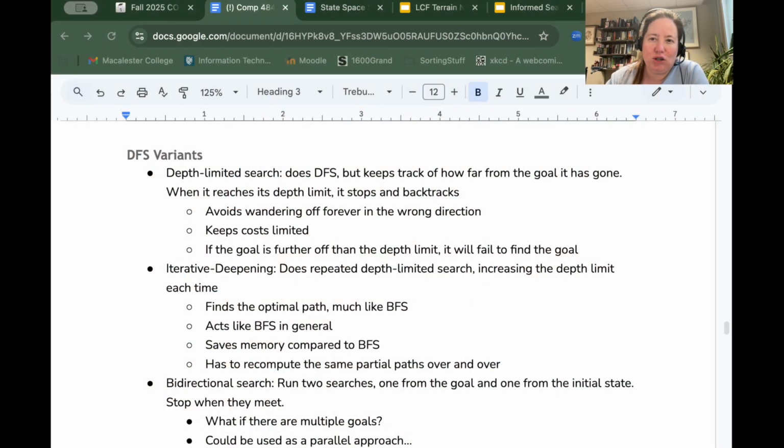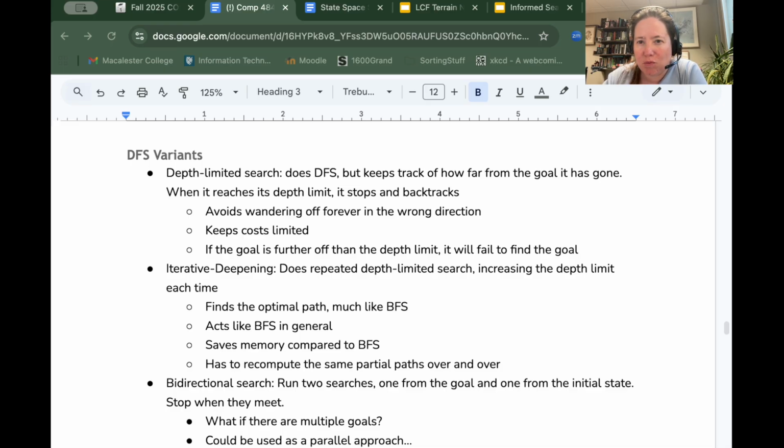All right, so let's first just talk a little bit about some other variations. So we talked about the efficiency of breadth first search and depth first search, their pluses and minuses. Breadth first search will find a solution if one exists, and it will find the optimal solution, but it uses a lot of memory to store the queue that it keeps its fringe set in.